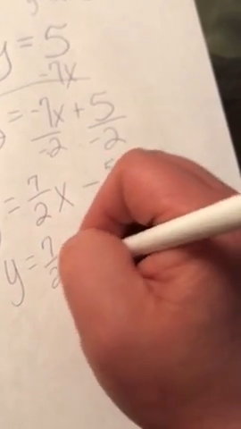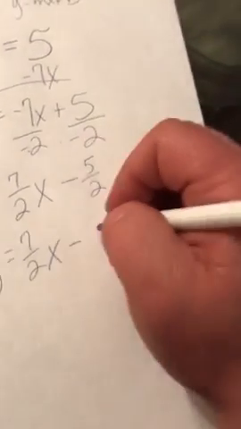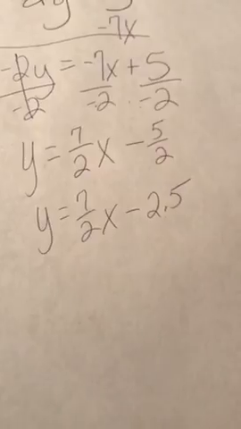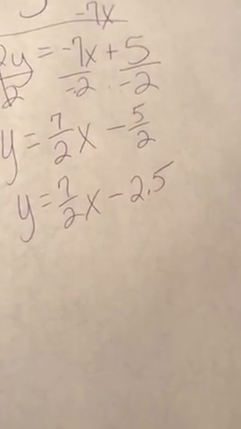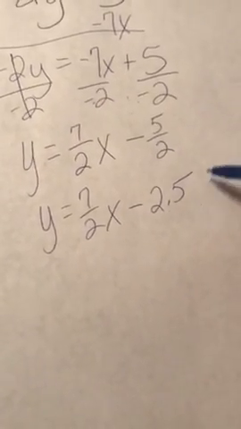Or I can change the b into a decimal. If I have $5 and I split it among 2 friends, I know that each friend gets $2.50, so that's 2.5. So this equation right here is still going to be a linear equation, but it is not going to cross the y-axis at a whole number. It's going to cross between the 2 and the 3.